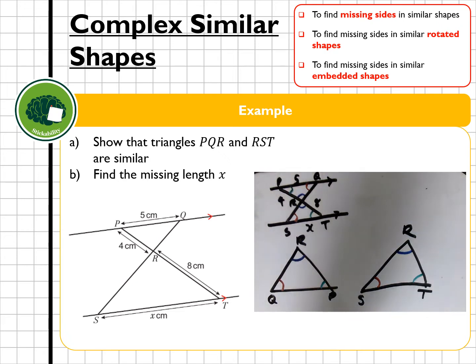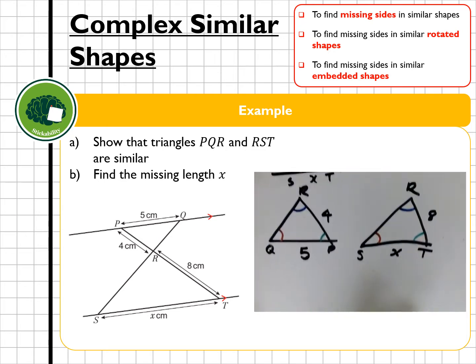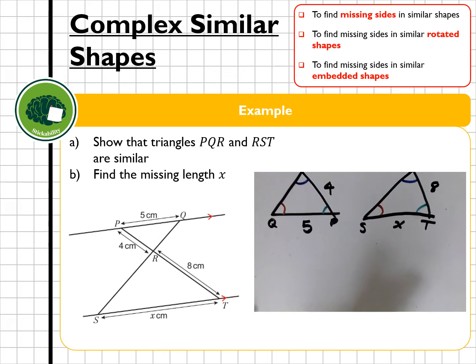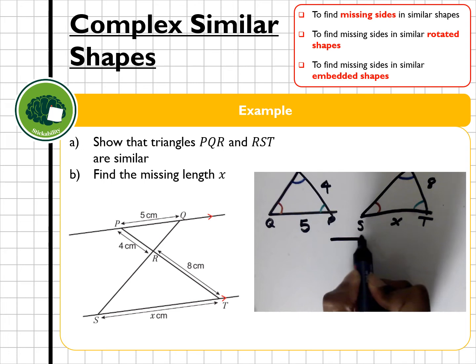Once I've established that, I can then label with the information I know. So for example, from the picture, I know that the length RP is 4, that the length PQ is 5, and that the length RT is 8, with x down here. Now that I've established that information, I can then do exactly what we were doing before.